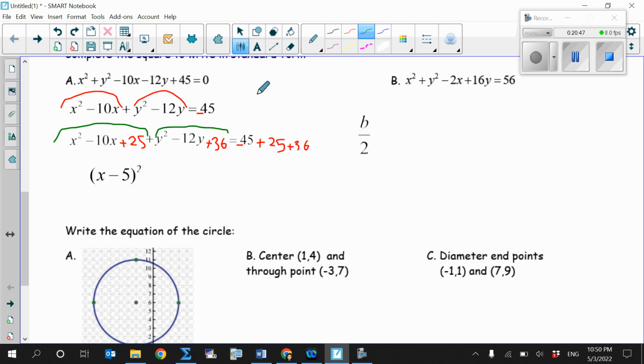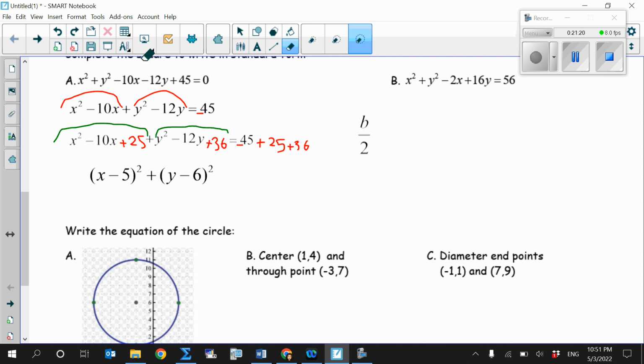Negative 12 divided by 2 is negative 6. So it will be y minus 6 to the power of 2. If I had y squared plus 12y, then the b value was positive 12 and divided by 2 would be positive. So this would be y plus 6. That means whatever is the sign of the b here, the same is going to be here as well.